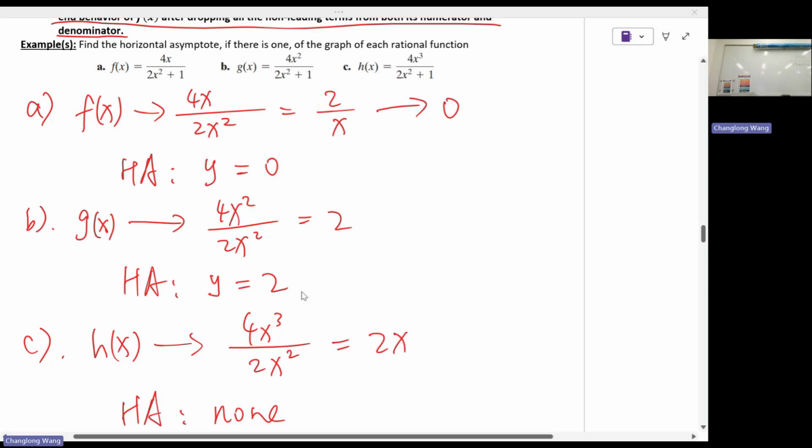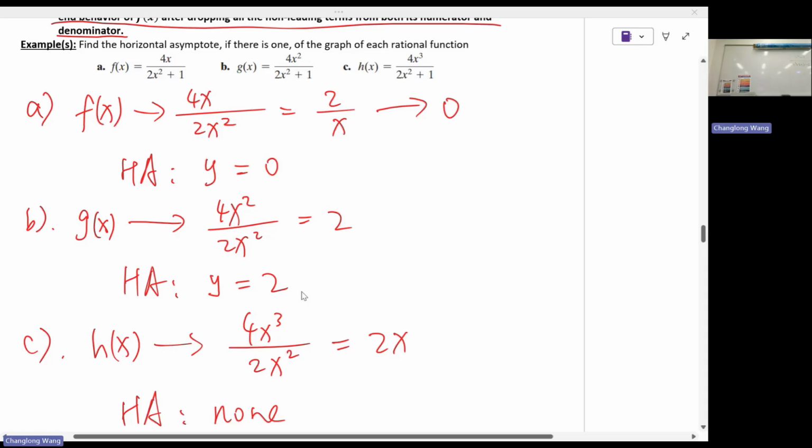I'm looking at x plus 1 over x squared minus 2. How do you find the HA? Drop the non-leading terms. It becomes x over x squared, which is 1 over x.